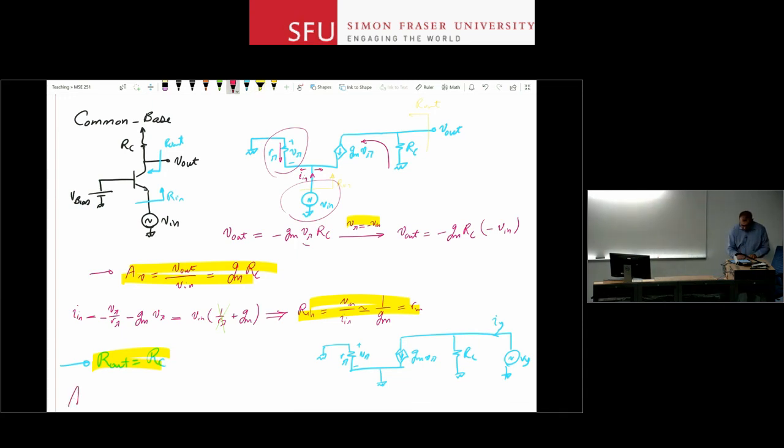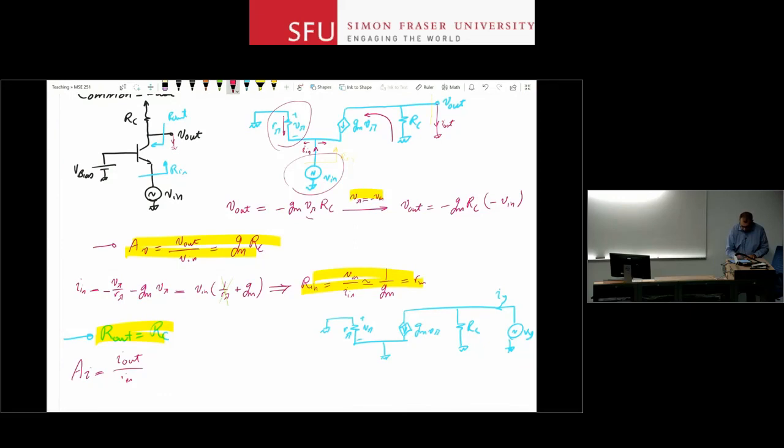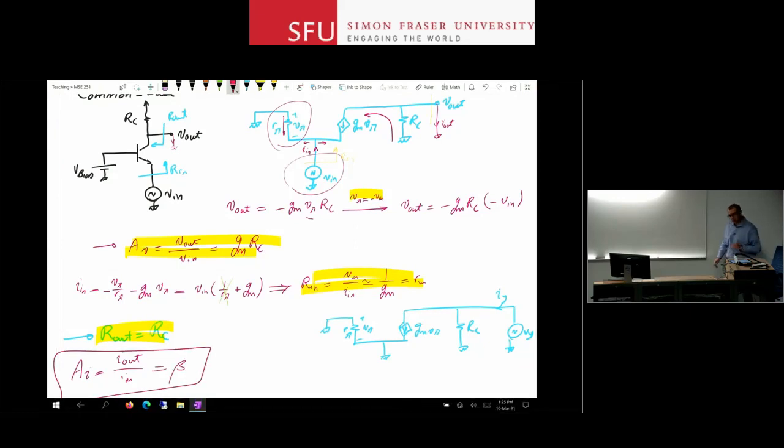If you look at the current gain for this stage, what I do is short circuit the output to ground and measure this current. So in here I short circuit this to ground and I measure this current. If you look at that, it's going to be beta. And again, this is not hard to see why. Sorry, not beta, alpha. So it's going to be beta over beta plus 1.